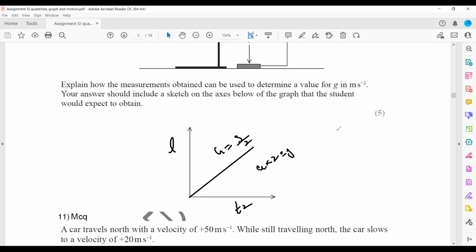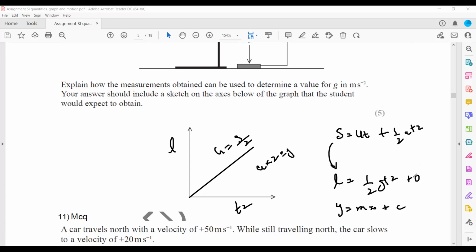Because in the equation s equals ut plus half at squared, s is a distance, a length, and u is 0, so that term is not there. It is half g t squared, so there is no quantity added. That's why the y-intercept is 0. Y equals mx plus c, with nothing or 0 added, so the y-intercept is 0. Is it clear?